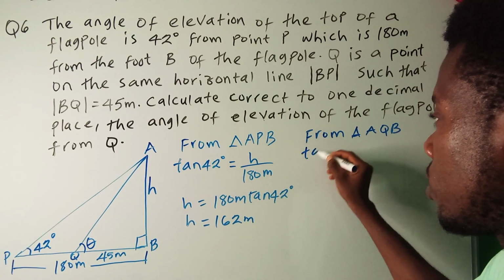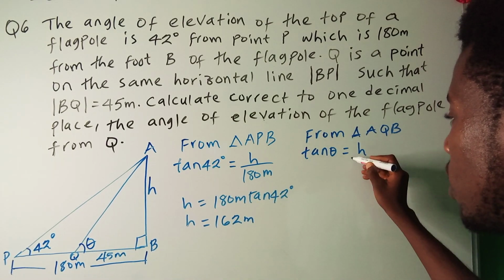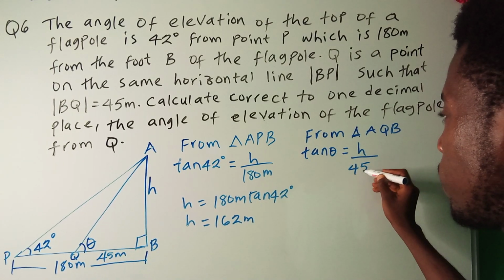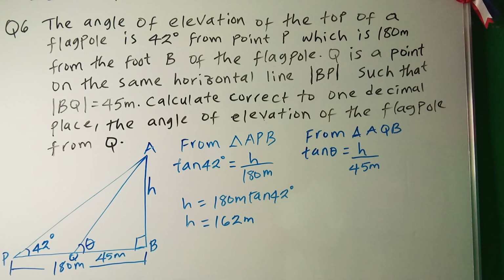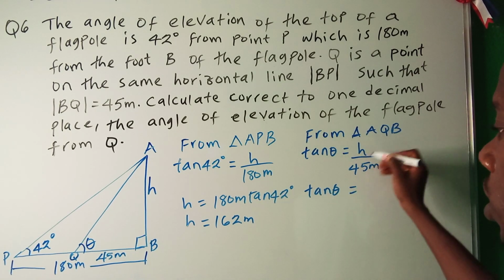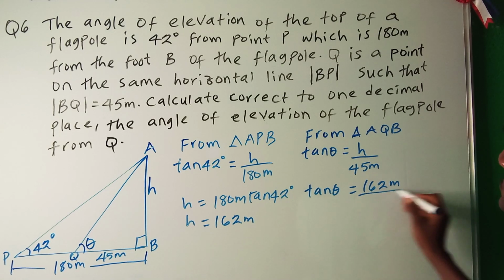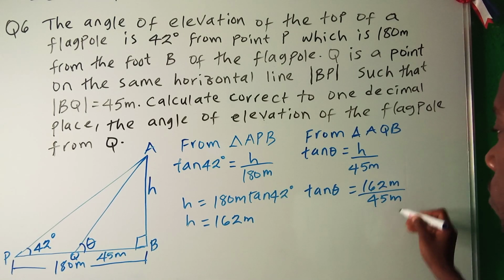So we have tangent of theta equal to H divided by 45 meters. We do not have theta, but we have H. So tangent of theta is equal to 162 meters divided by 45 meters.